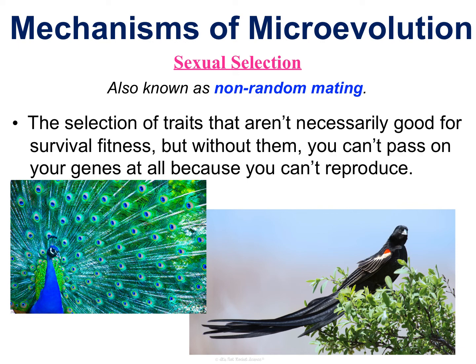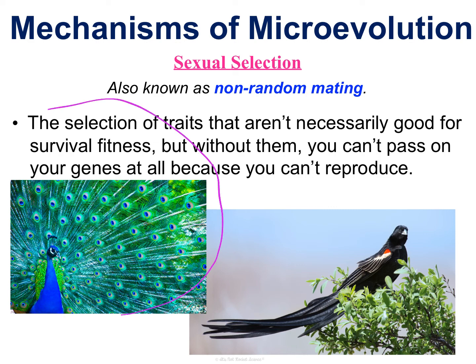So peacocks, the males have this huge plumage display of these beautiful feathers. And if you've ever seen the gray peacocks at the zoo, those are actually the girls. The girls will select non-randomly, so on purpose, the fellas that have the largest display of beautiful feathers.